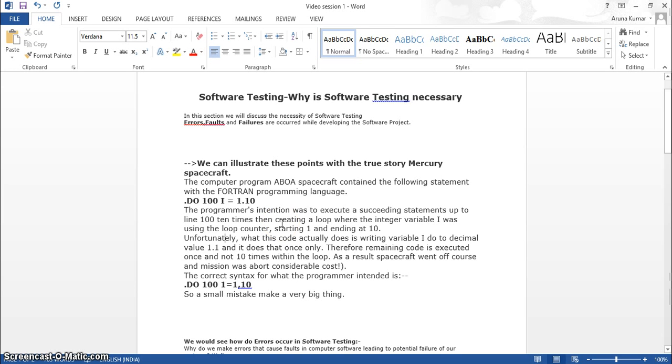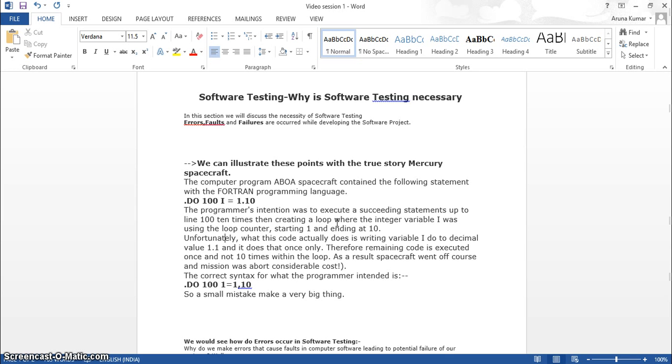The programmer's intention in this program was to execute a set of statements after this statement up to 100 times, creating a loop wherein the integer variable I was used as the loop counter, starting at 1 and ending at 10.